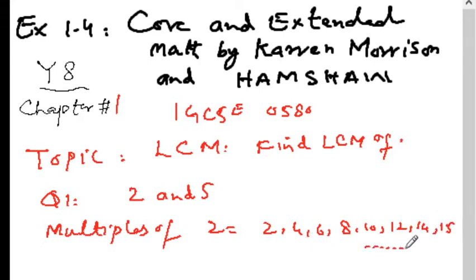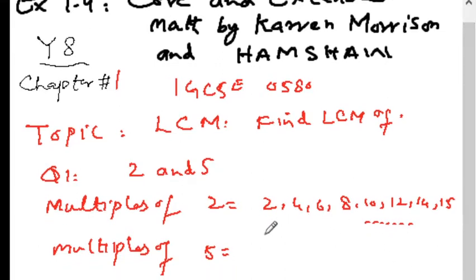Multiples of 5 are 5, 10, 15, 20, 25, and so on. These are the multiples of these two numbers.